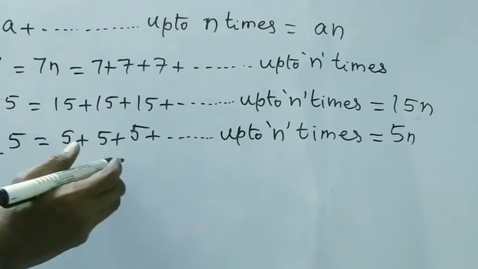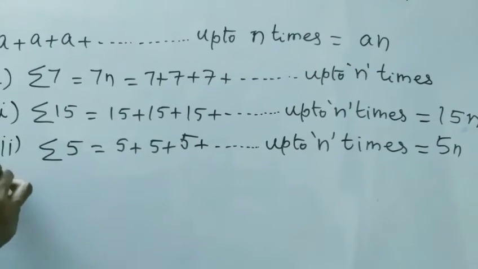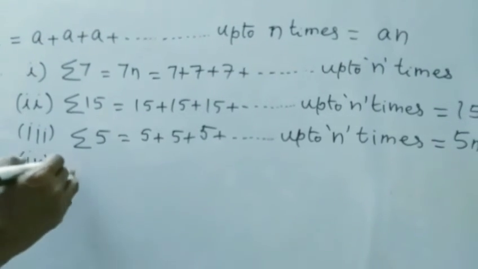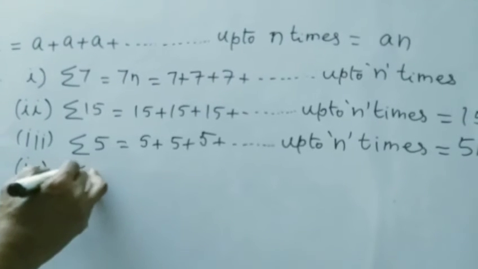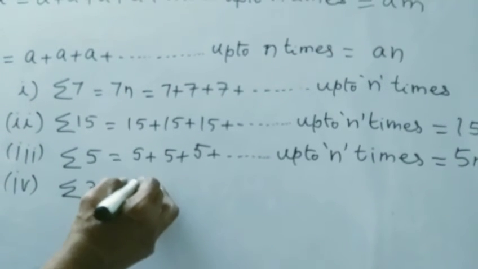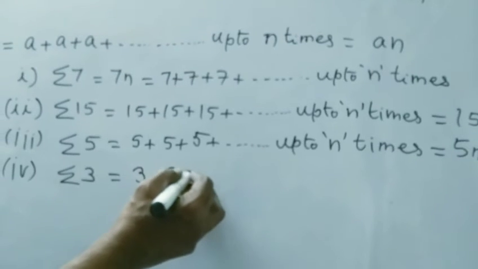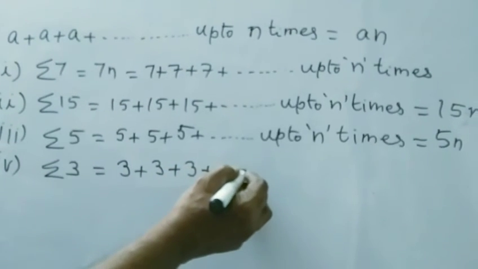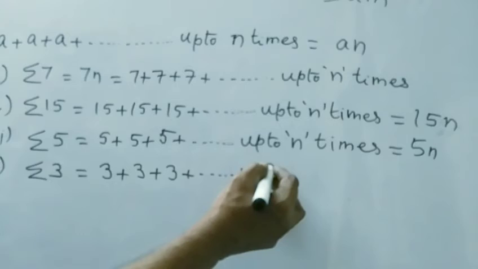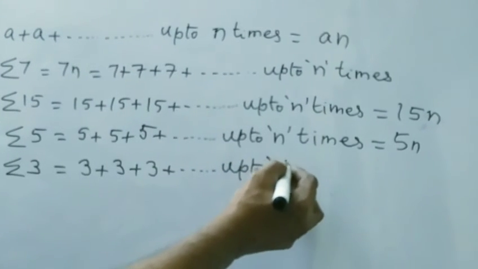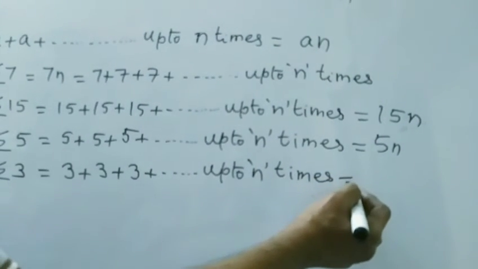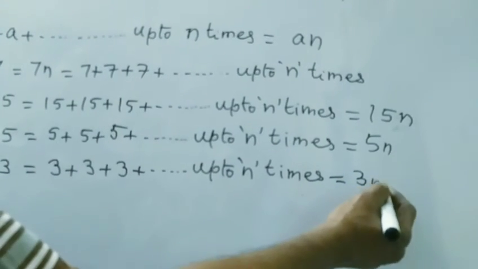And the fourth one: summation of 3 is equal to 3 plus 3 plus 3, and so on up to n times, is also 3n, 3 into n.